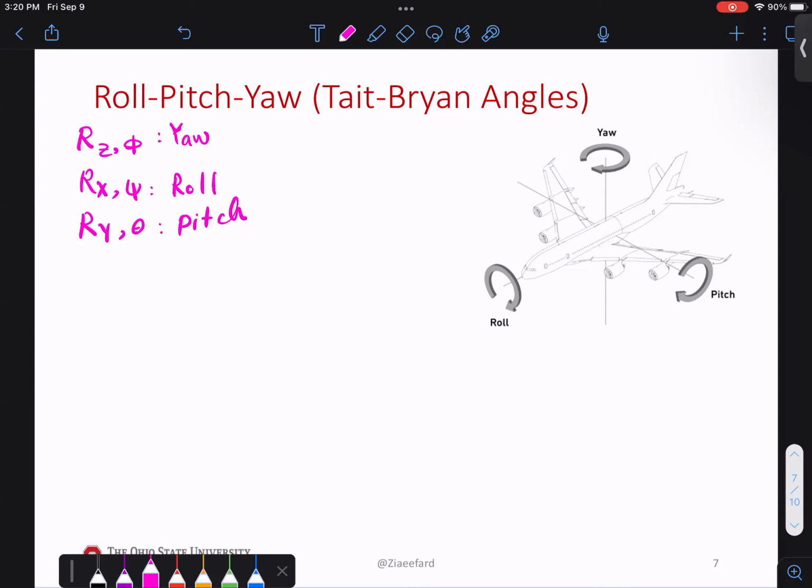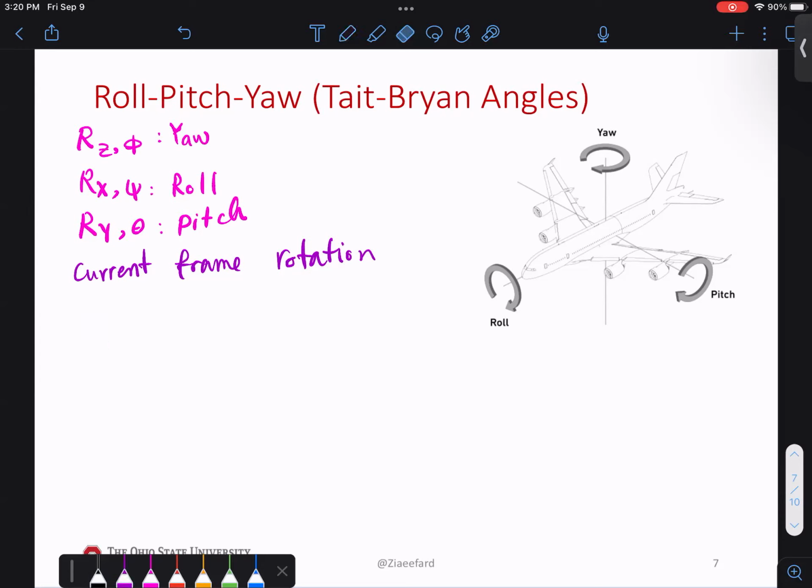Now, roll, pitch, yaw happens also in the current frame, meaning that you post multiply, right? We are going to have Rx, Y, Z. We're going to have 2 different ones.